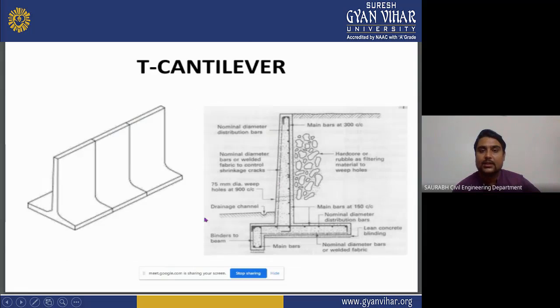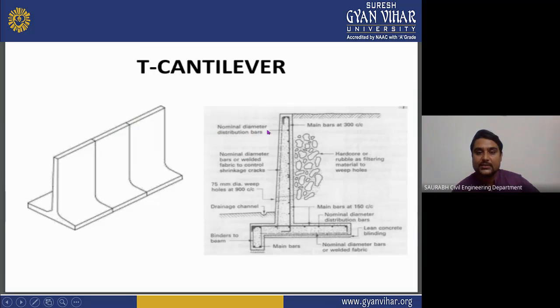Now we will see the T-type cantilever. As you can see here, the shape of this cantilever is a T. If you see the cross section of this wall, it looks like a T. And there are also some design specifications of the T cantilever.